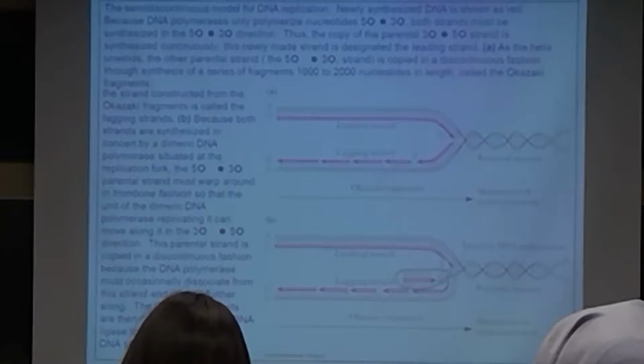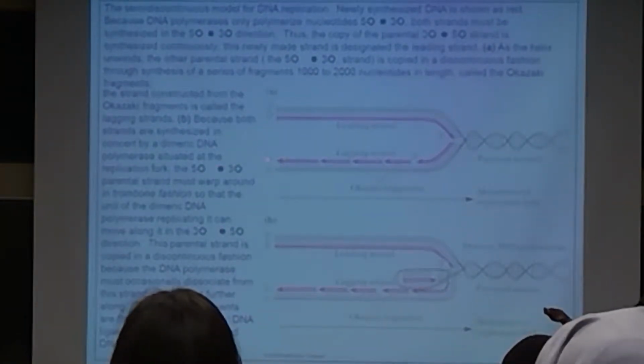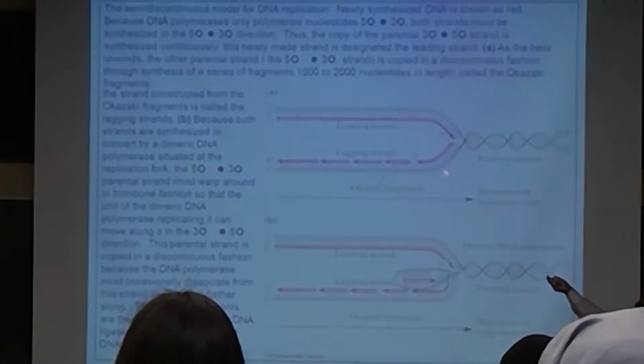So there is a problem in the lagging strand. Because this is the 3' end, this is the 5' end. In principle, correct? The DNA replication would take place in this direction, so it should go this way. But DNA polymerase binds here and it moves in this direction. Does it make sense? So that's why it cannot replicate this way.